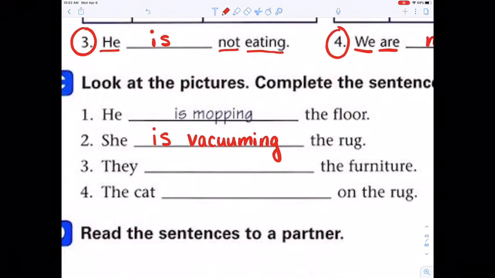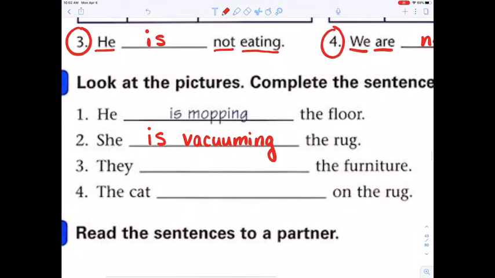How about number 3? They, the furniture. Do you remember this word? Furniture. This means stuff in your house. Big stuff. Like bed, table, chairs, dresser, bookcase.